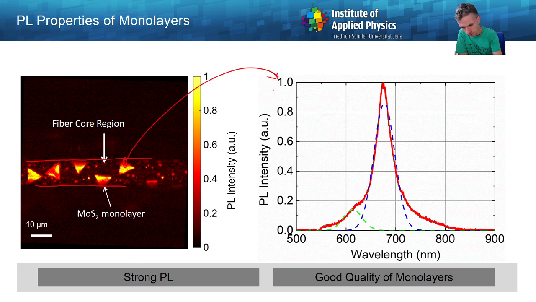And then if you measure the photoluminescence spectrum from any of these, you will get this typical spectrum which you see here, which is just what you would expect for CVD-grown MoS2. So long story short, the electronic quality of these 2D materials is really good.